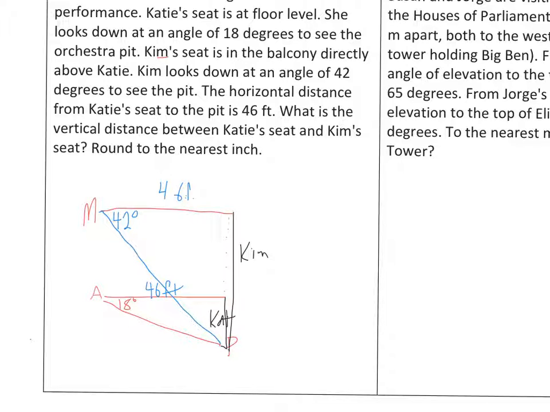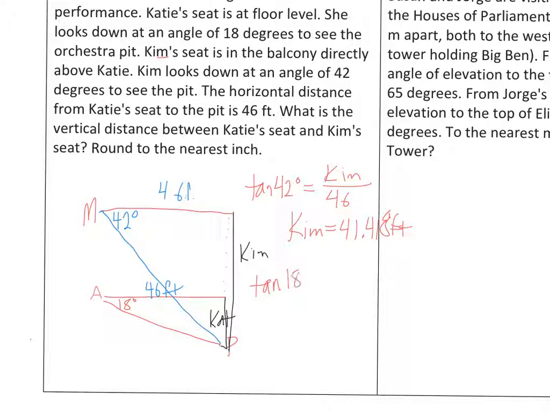Okay, so I might write this as tangent of 42 degrees is equal to Kim over 46. And when I do that out, so 46 times the tangent of 42, we get Kim equals 41.418 feet. Okay, now Cat.